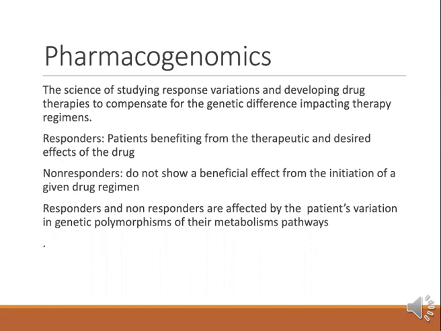And non-responders are the patients that do not respond or do not show a beneficial effect from the initiation of a given drug regimen. Responders and non-responders are affected by the patient's variation in the genetic polymorphisms of their metabolism pathways. So genetics has something to do with the way that people metabolize drugs.